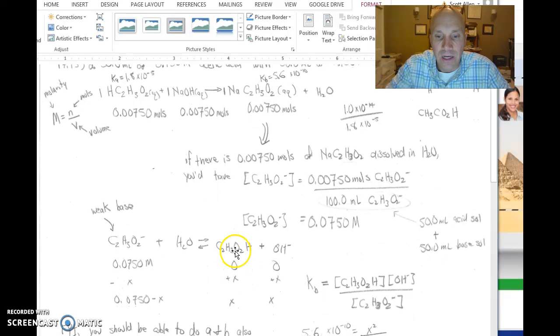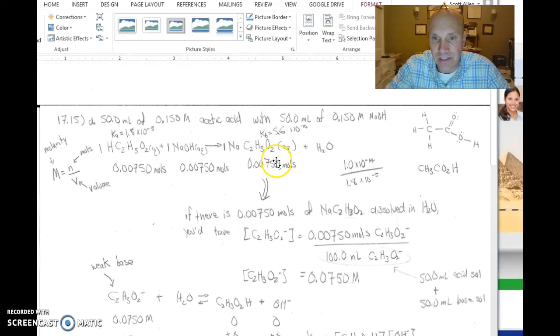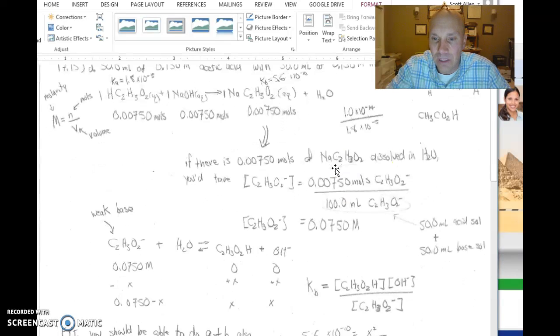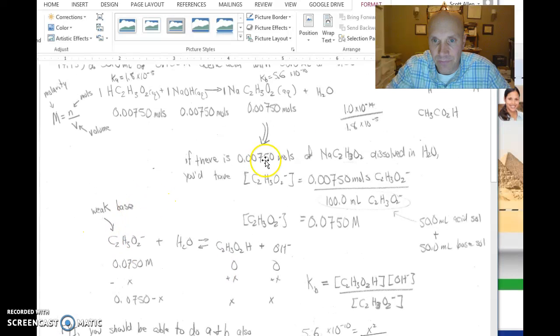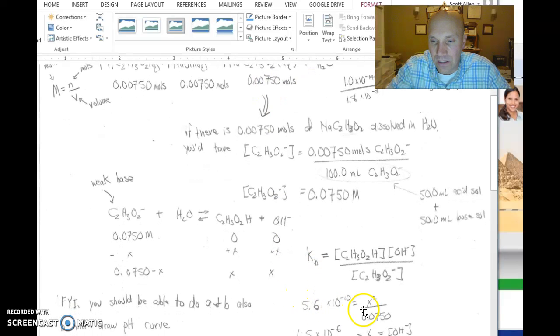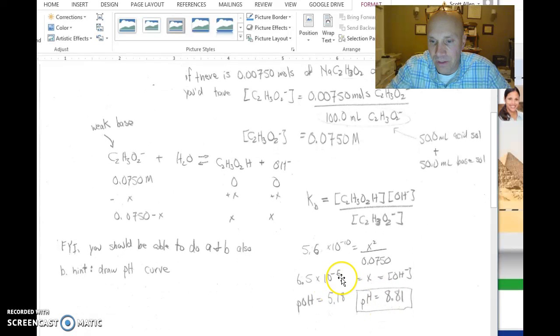All right, so starting with the knowledge that the Ka of acetic acid is this right here, again, that's acetic acid right there, we know that the Kb of its conjugate base would be this right here. And you can get that just by doing the 10 to the minus 14th divided by the Ka. And so we know that the Kb, because it's the same as that thing right there, we could plug it into this equation right here.